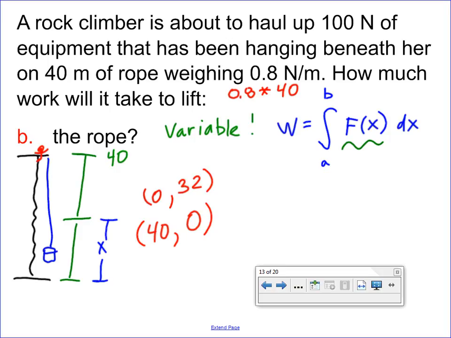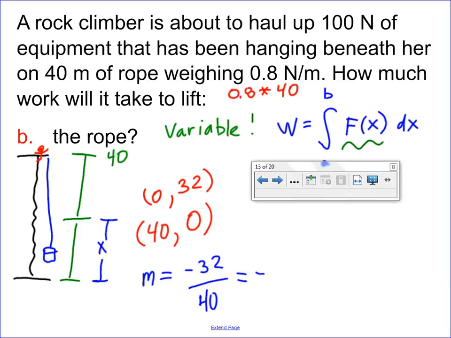My rate of change in the force required with respect to the distance of my haul is given by y2 minus y1 all over x2 minus x1, which equals negative 32 over 40, which equals, you guessed it, negative 0.8.